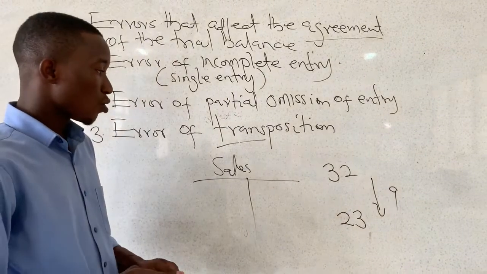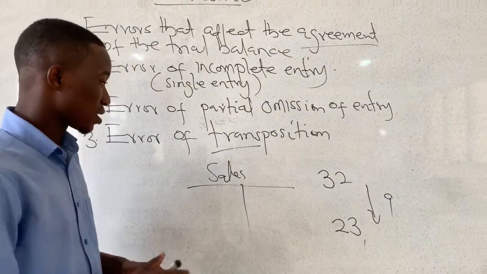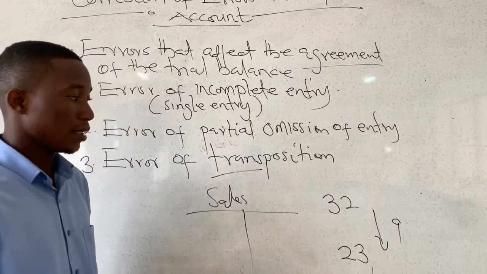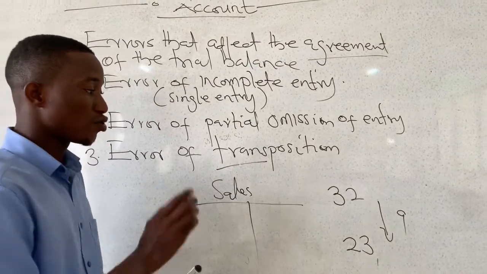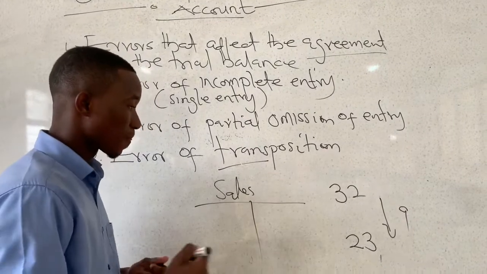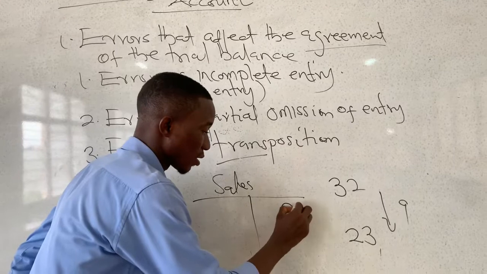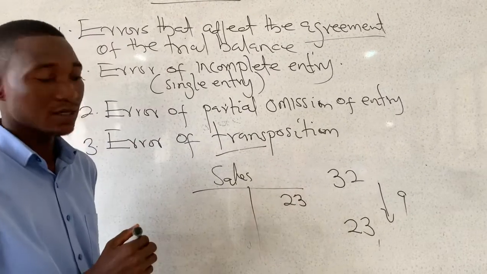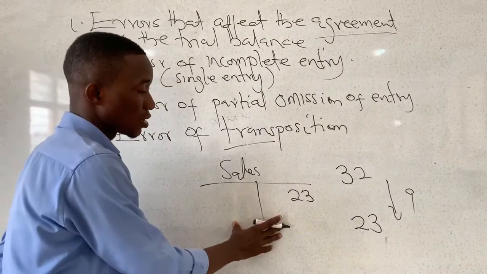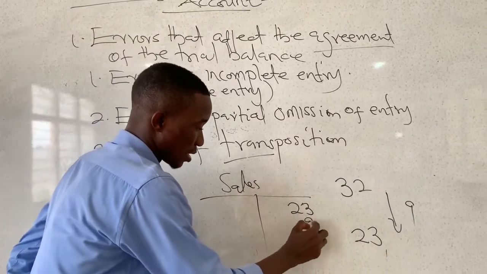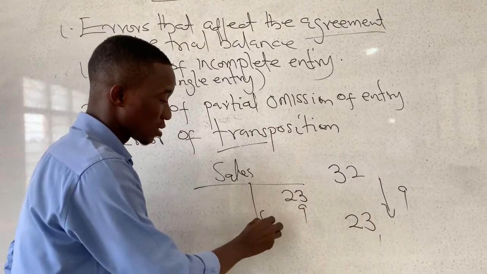Alright? So what we're supposed to do is that we're supposed to add the $9 up to actually reach the $32. We're supposed to credit the sales account by 32, but we did 23. We've understated the sales amount. So in order to correct this error, we come to the sales account and credit it with the 9 cedis in the name of Suspense.